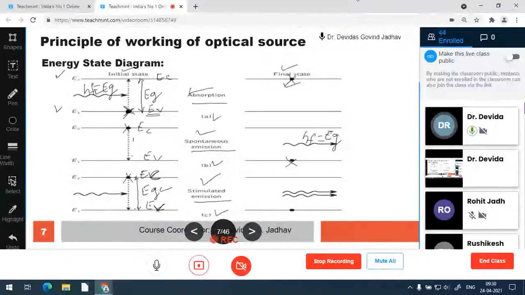So presently the electron is in the conduction state, and some external photon with energy exactly equal to the band gap energy Eg passes near this electron in the conduction state.